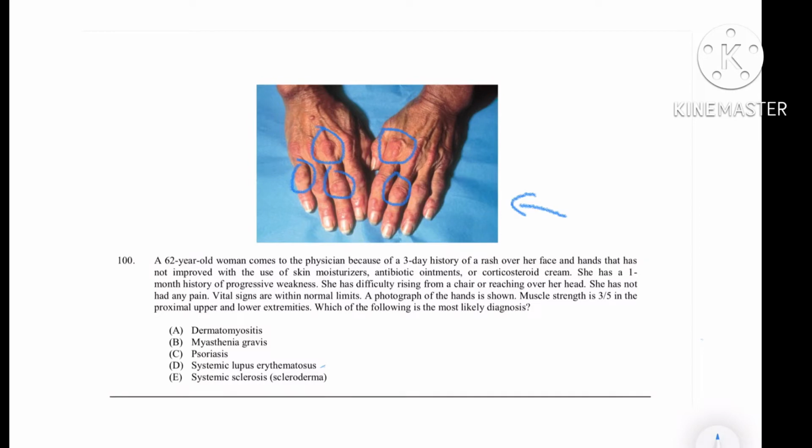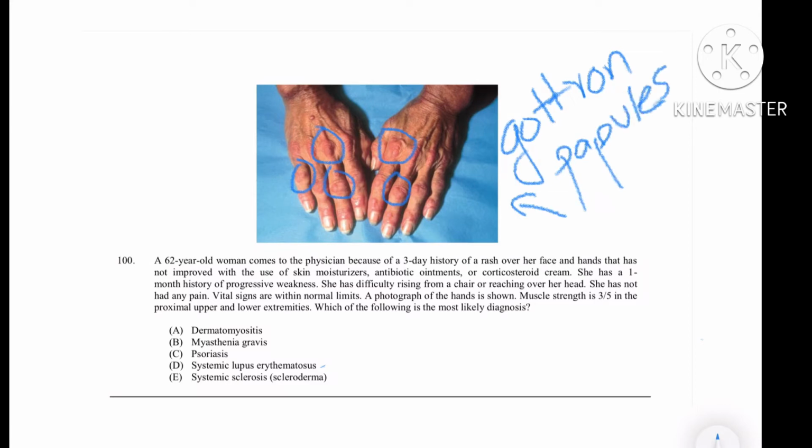So these are called Gottron papules. The Gottron papules are specific for one of the diseases given here.